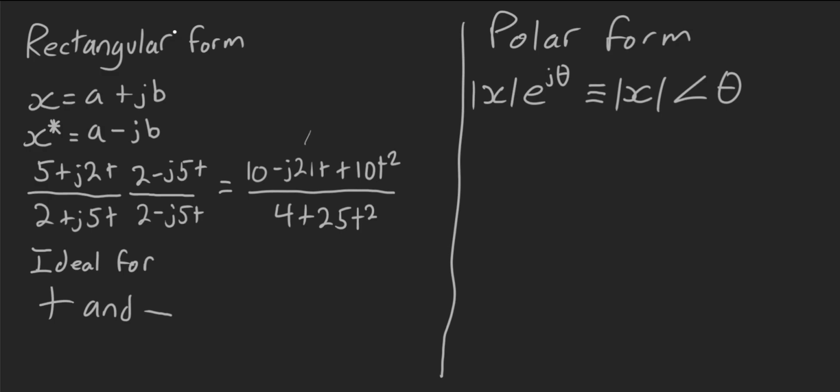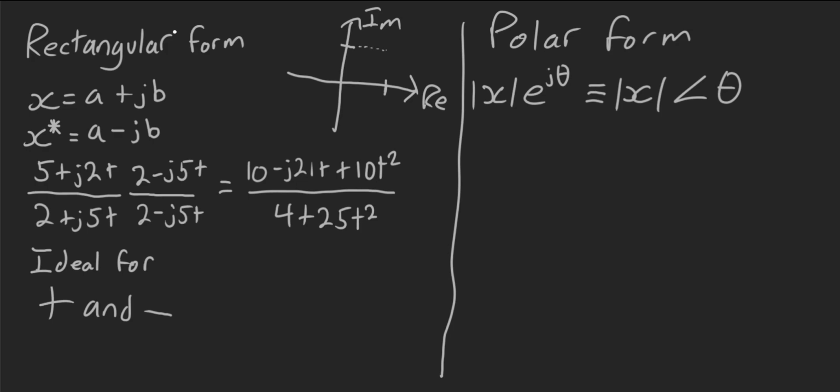Now, what do I mean by magnitude and angle? Let's consider a real and imaginary plot, such as this. Let's say we have some imaginary number here and some real number there.